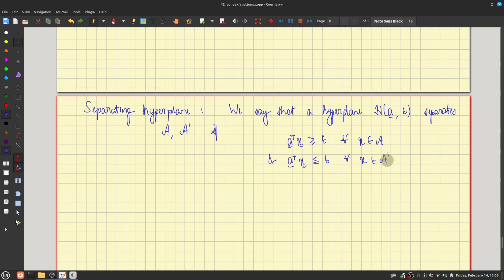Note that I'm allowing A and A prime to intersect along the plane. That is allowed. Similarly, there's a notion of strict separation: it strictly separates A and A prime if these are strict inequalities.